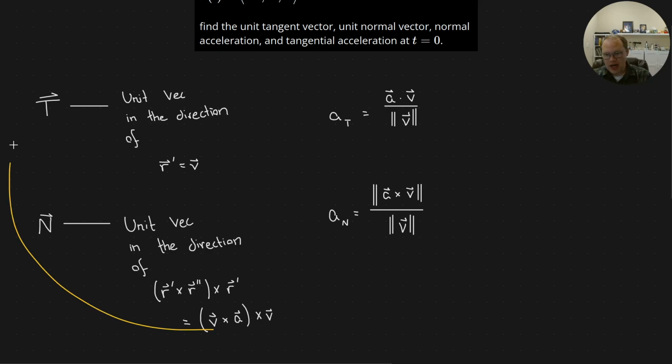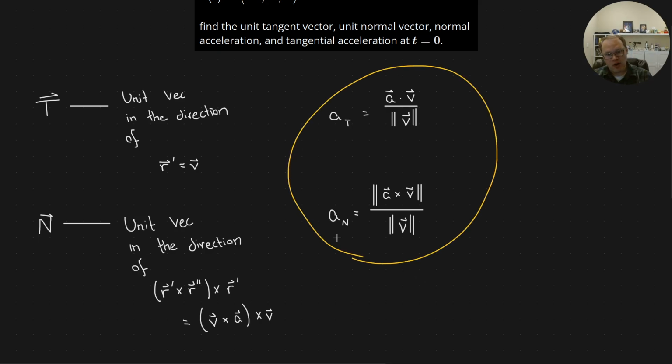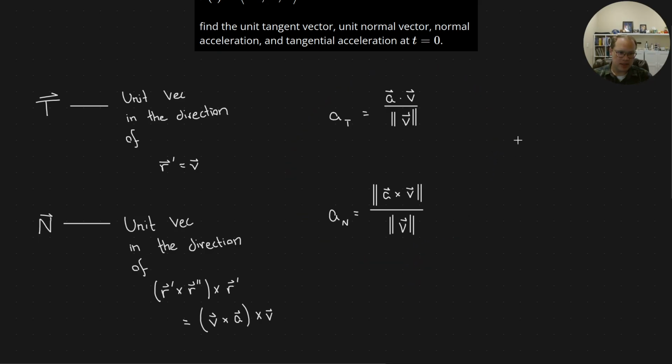Notice once we find all these things, we would be able to reconstruct the acceleration from the pieces, because the acceleration vector, remember, is the tangential component multiplied by the tangent vector plus the normal component multiplied by the unit normal vector.